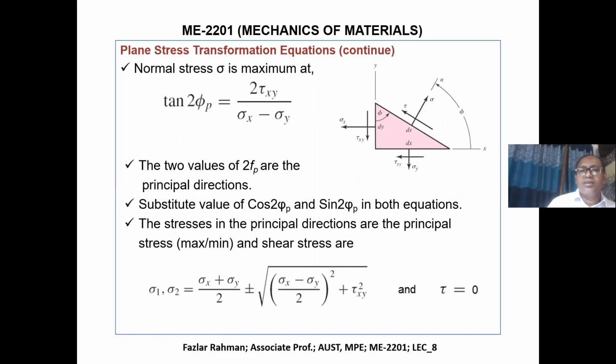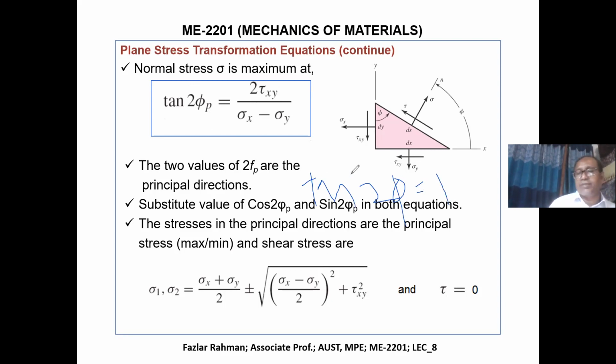Now we need to figure out the value of the phi p formula. After we derive it, we'll show you how to derive. We'll get this formula: tan 2 phi p equal to 2 tau xy divided by sigma x minus sigma y. You need to derive this equation, but when you solve problems, you need to remember this equation. Say, for example, you get tan 2 phi p equal to 1.